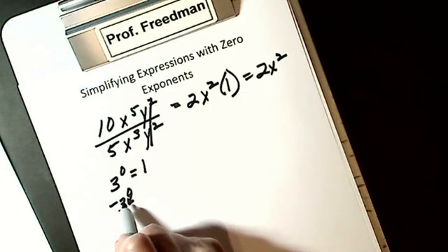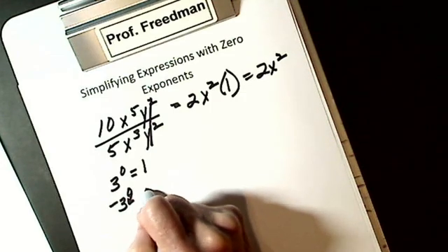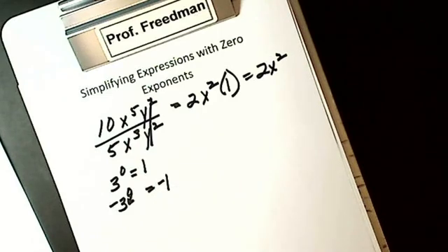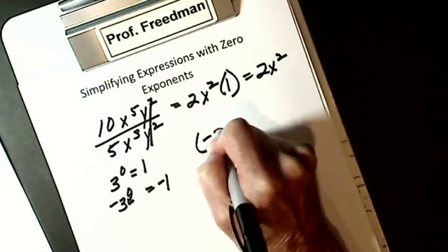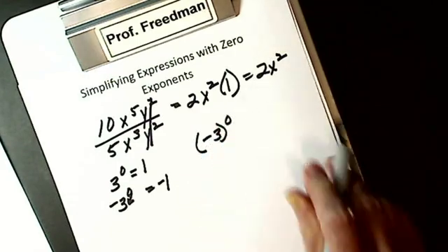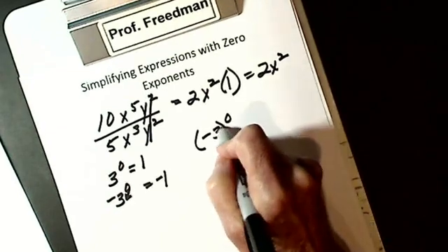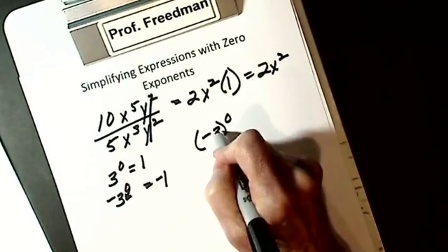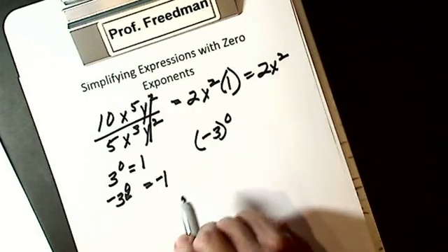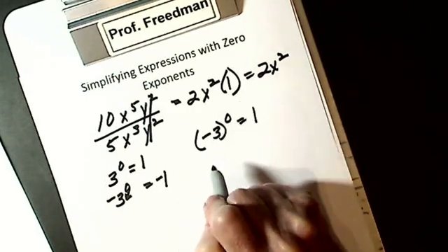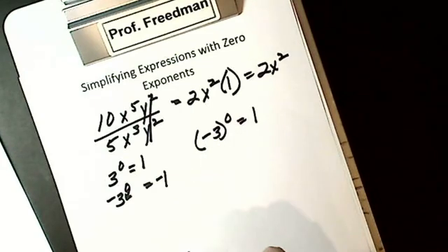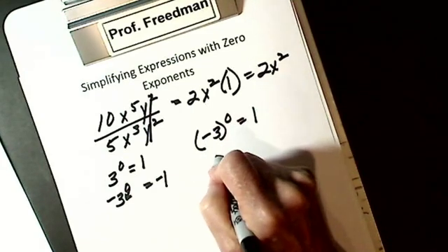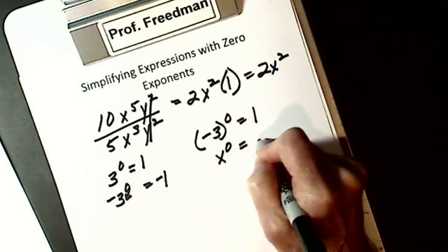So this means 3 to the 0 power is 1, so I'm going to get negative 1. It can be a little confusing. If this is in parentheses, this whole thing, because it's a grouping symbol, goes to the 0 power. That's 1. That's different.